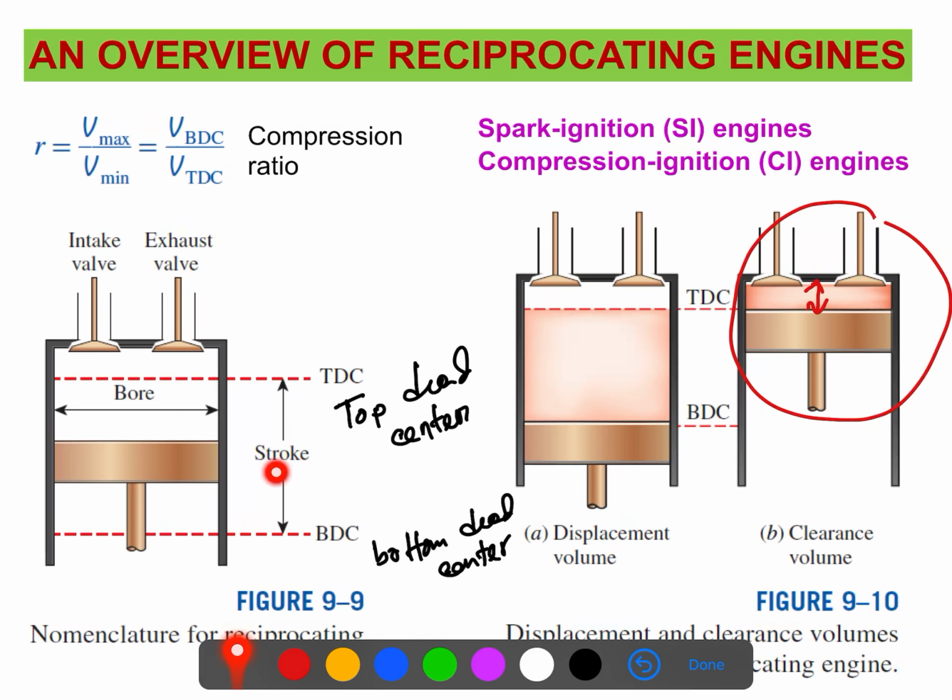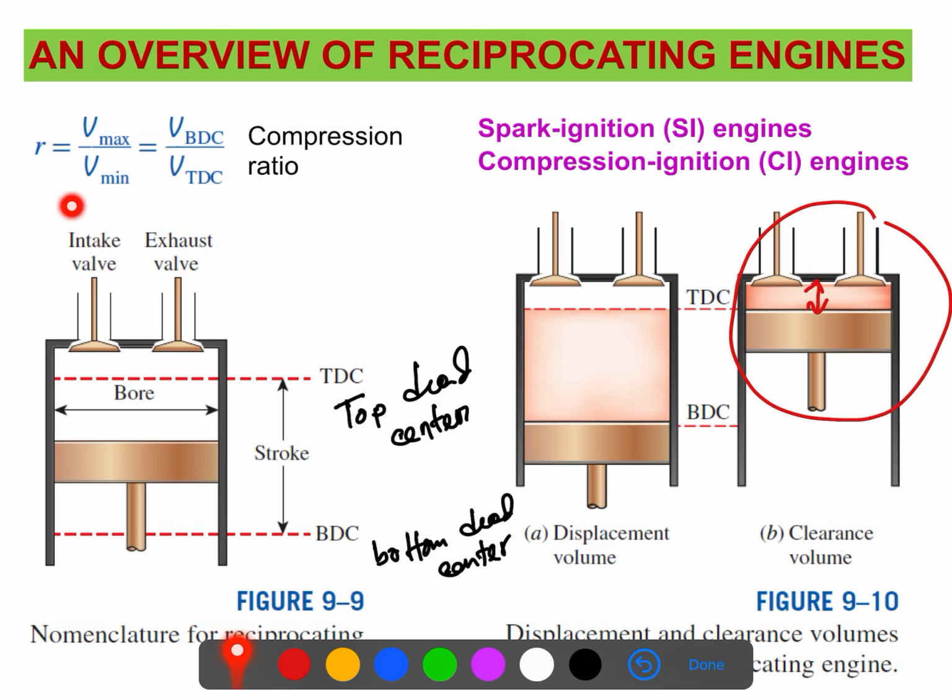The stroke is the movement of the piston between the BDC and the TDC. The diameter of the piston, which is the diameter of the cylinder, is called the bore, but we need a better understanding of the stroke.